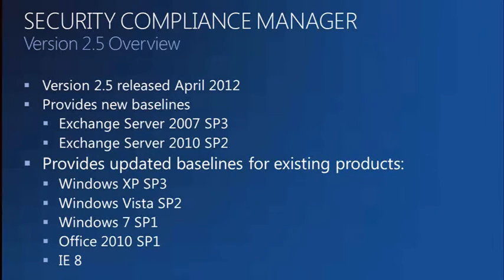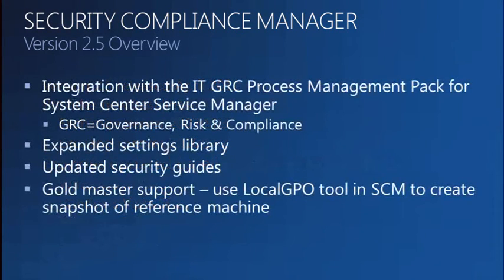That means Microsoft is committed to this product and will continue creating different baselines for each product later on. We have Windows 7 right now, Windows Vista, and some Office 2010. So for each new product, we start creating a baseline. You had better check Microsoft Download in the Security Compliance section to see whether we have a new baseline for the product you're trying to bring into compliance.